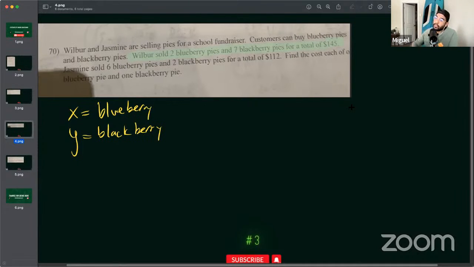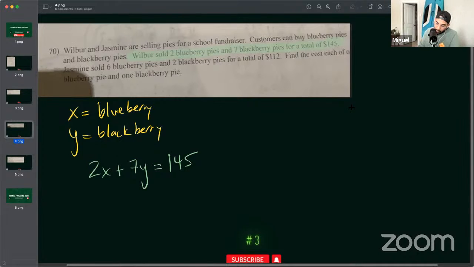This is a typical question that they like to give you when it comes to systems, and it's actually quite easy to set up. We know that you have 2 blueberry pies, 7 blackberry pies. That equation can turn into 2x plus 7y, and that's equal to the cost, which is 145. Then we have the next situation.